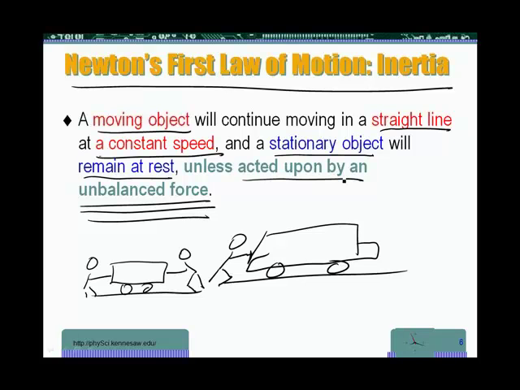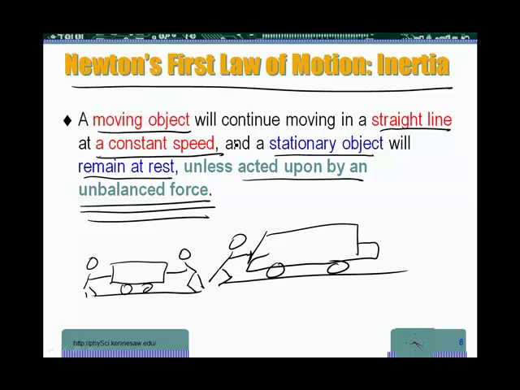The key is to keep on moving on a straight line at a constant speed. It's not going to need a force to keep that motion. So in other words, its natural tendency is to keep moving in a straight line at a constant speed without the need of a force.